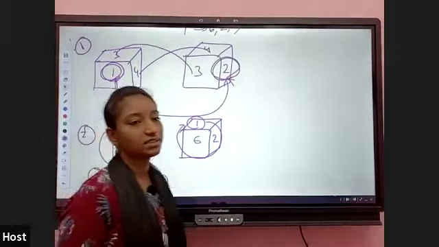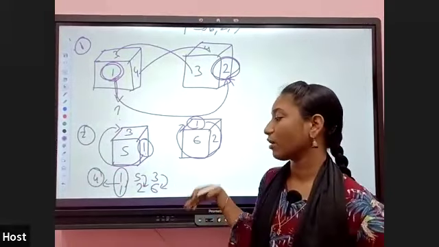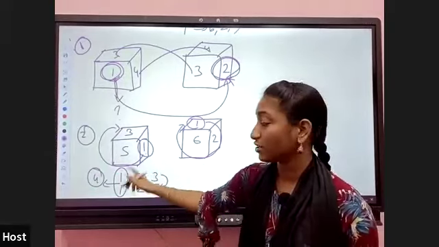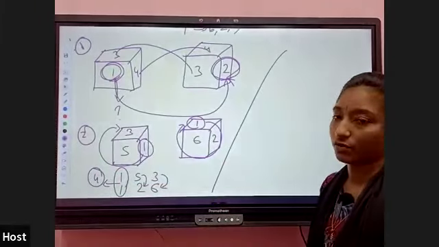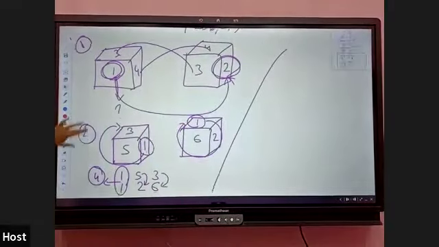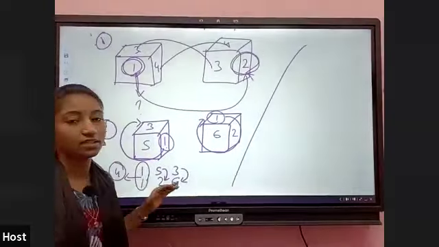3 is opposite to 6. 6 is opposite to 3. 5 is opposite to 2. 2 is opposite to 5. So, the remaining number is opposite to the common number. Okay. So, 1 is opposite to 4. So, if 3 dice are given, what will we do? Up to now, we did the 2 dice.